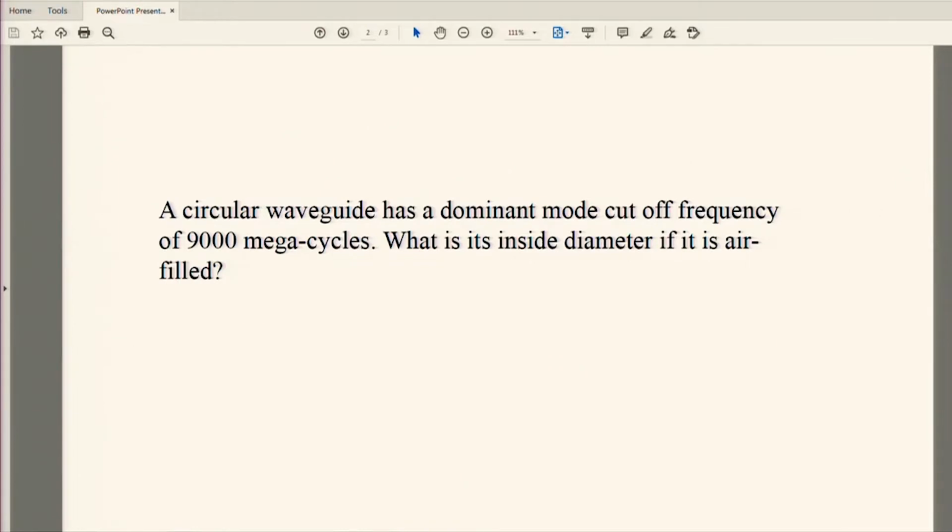The first question says that we have a circular waveguide and the dominant mode cutoff frequency of 9000 megacycles. So what is its inside diameter if it is air filled?